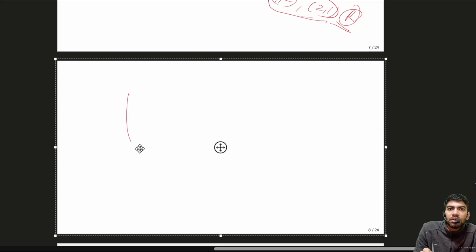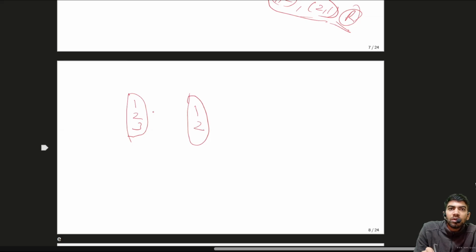If 1, 2, 3 and 1, 2, if I join 1 to 1, 2 to 2, this is also a relation. If I join with 1, this is also a relation. Every subset of a Cartesian product is a relation.